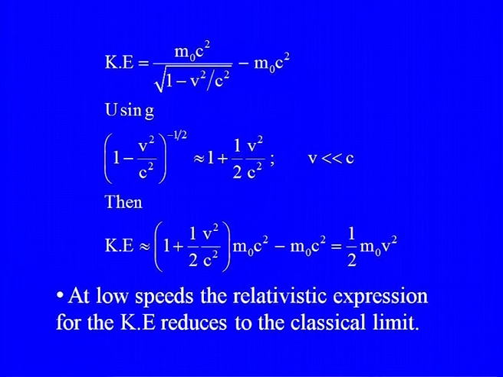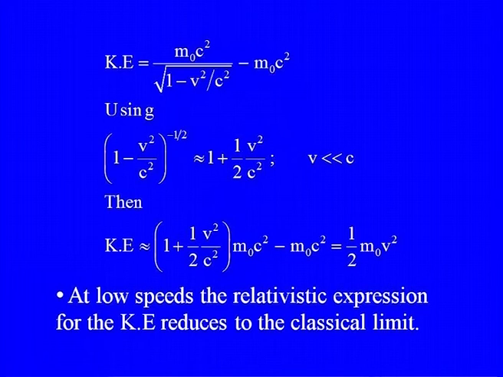The first term is 1 plus, the term of importance, half times v square by c square. So you plug this in the expression for the kinetic energy. It becomes 1 plus half v square by c square times m0 c square, and then you subtract m0 c square. What do you get? It's very simple, you get half m0 v squared.